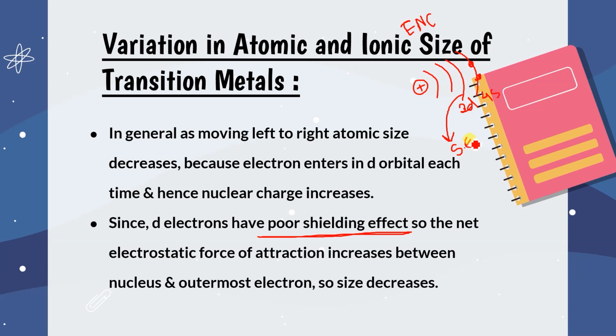If the effective nuclear charge is greater than the shielding effect, the shielding being constant, then the outermost electron will feel more contracted towards the nucleus, it will come inward, and hence the atomic size will decrease.